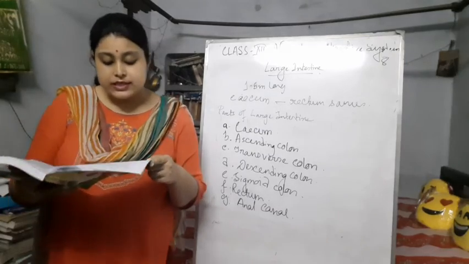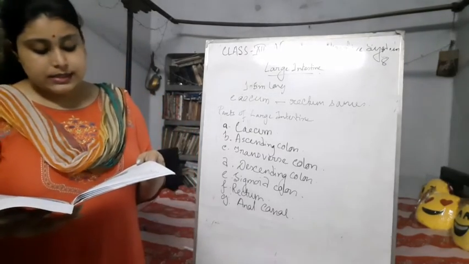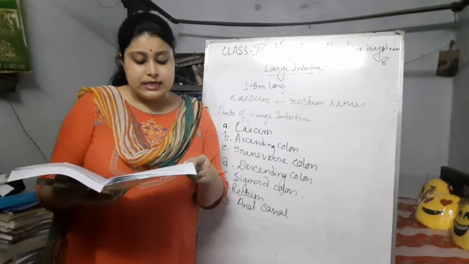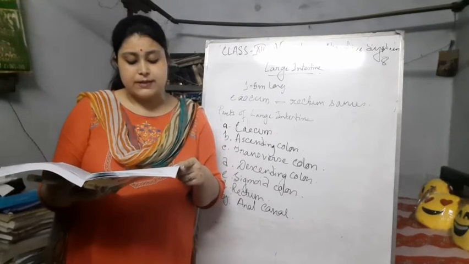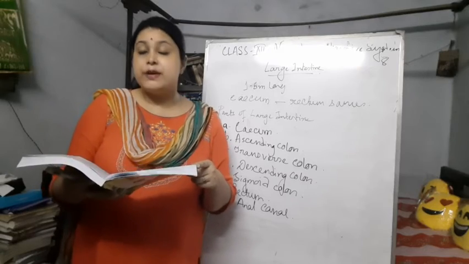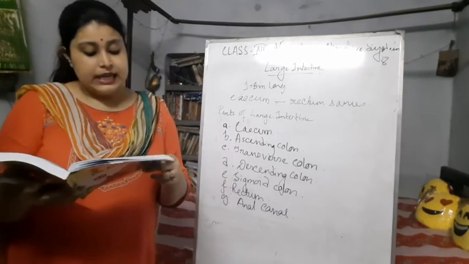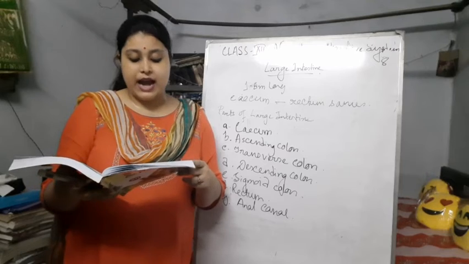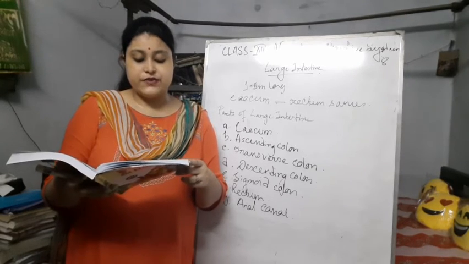This is the first part of the large intestine and is a dilated region which has a blind end inferiorly. The vermiform appendix is a fine tube closed at one end which leads from the cecum.